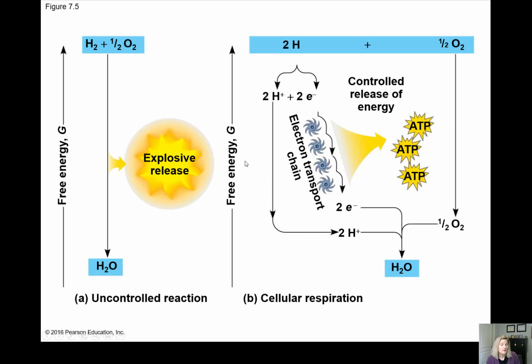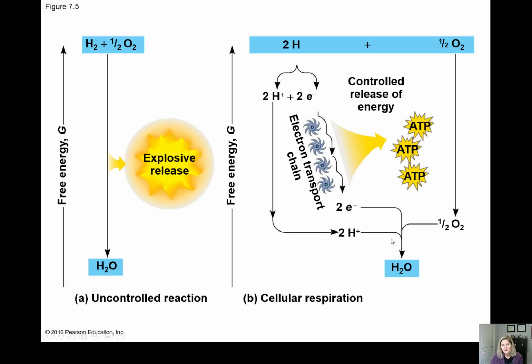Now, all of those electrons are going to be involved in this electron transport chain. So that electron transport chain is going to take all of those electrons that the electron carriers had dropped off, as well as these protons that get pumped through, and that is going to help release a bunch of energy, and that energy is going to create that ATP.